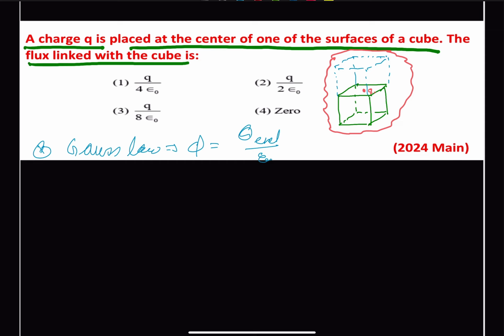This flux will be now, because of the two surfaces, this will be phi and this will be phi. So ultimately we are going to get 2 phi is equal to Q upon epsilon naught.